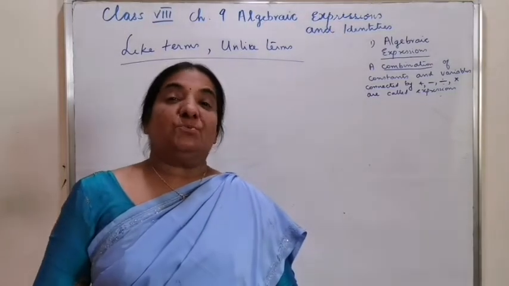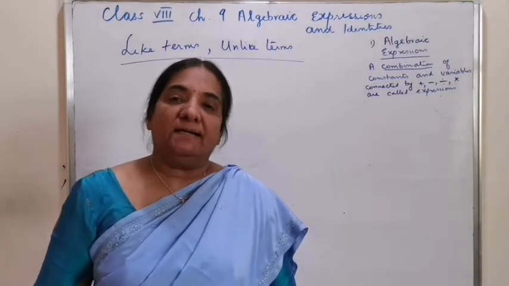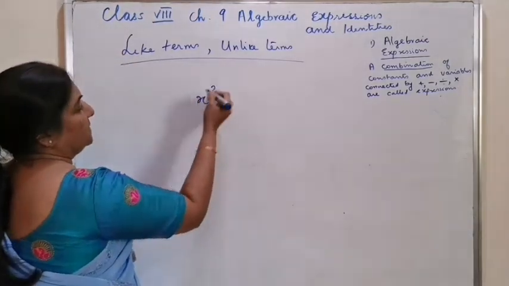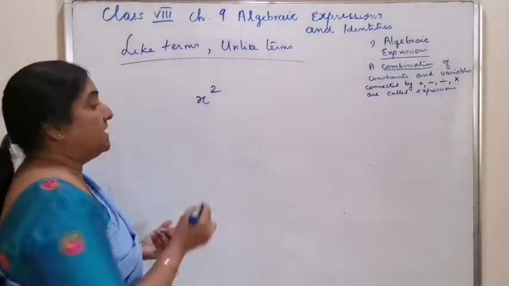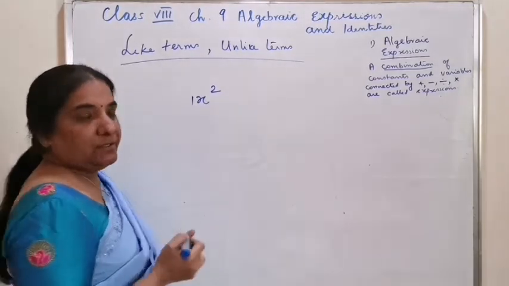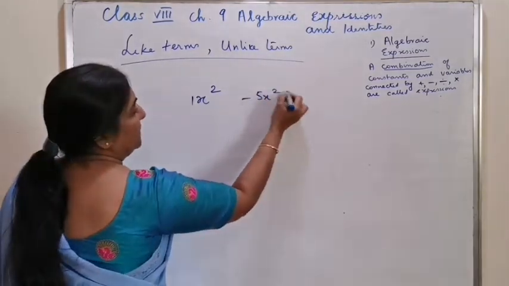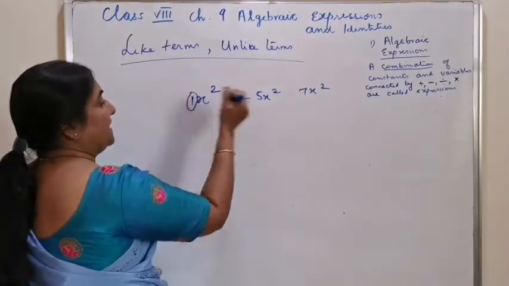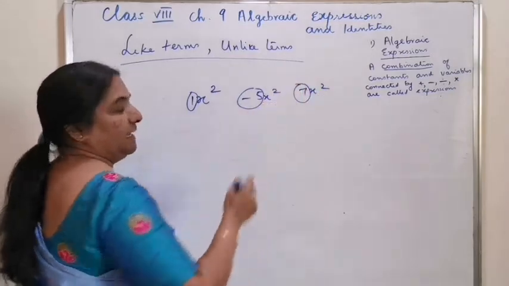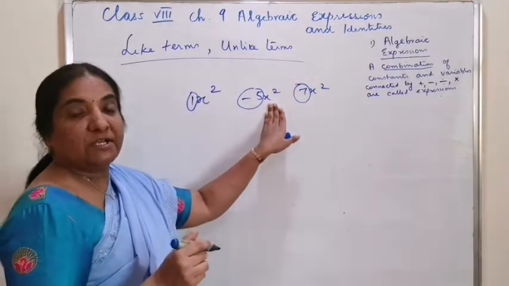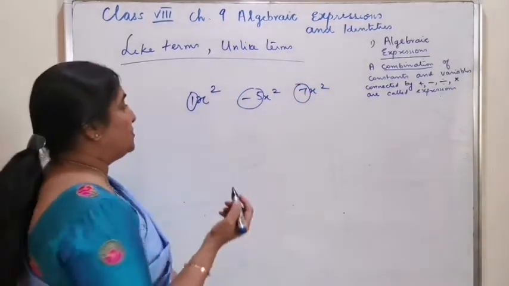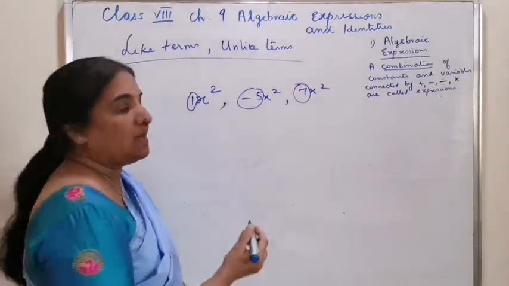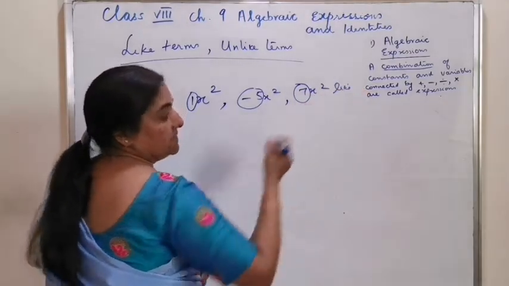The next topic is what are like terms and unlike terms. If I write a term as x square, the meaning is 1x square here. So suppose I have minus 5x square, 7x square, which shows that only the numerical coefficient is changing and the value of the variables and the power is the same, which shows that minus 1x square, minus x square, 7x square, all are like terms.